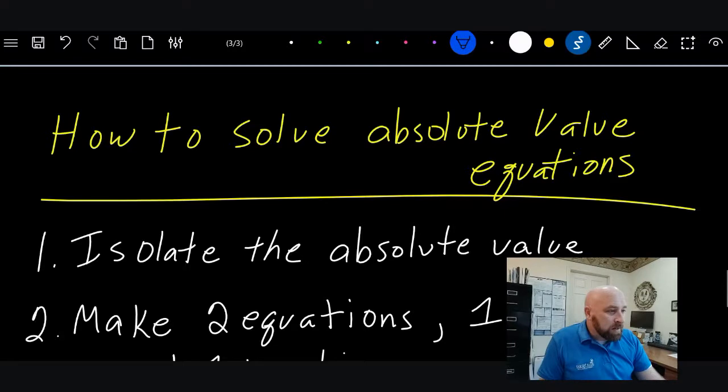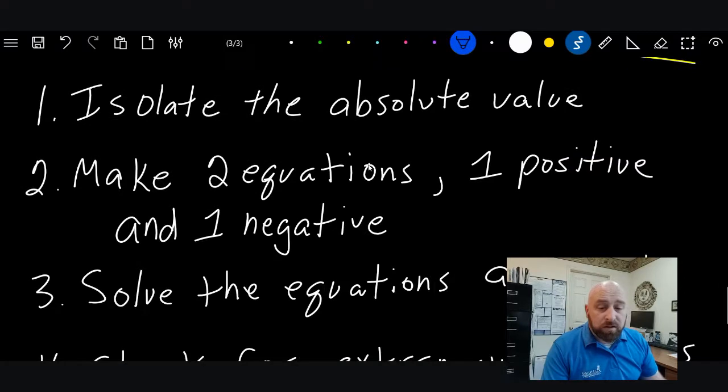All right, let's go ahead and continue on to the last part of this chapter. I know we don't have a ton of time left, but this doesn't really take that long. We're going to talk about absolute values in linear equations. There are some steps here. The first thing you want to do is isolate the absolute value. We'll talk about what that looks like in just a second.